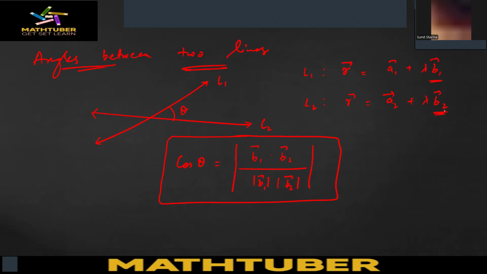Now, suppose both L1 and L2 are given in Cartesian forms. In that case, let us take L1 as x minus x1 upon a1, y minus y1 upon b1, and z minus z1 upon c1.